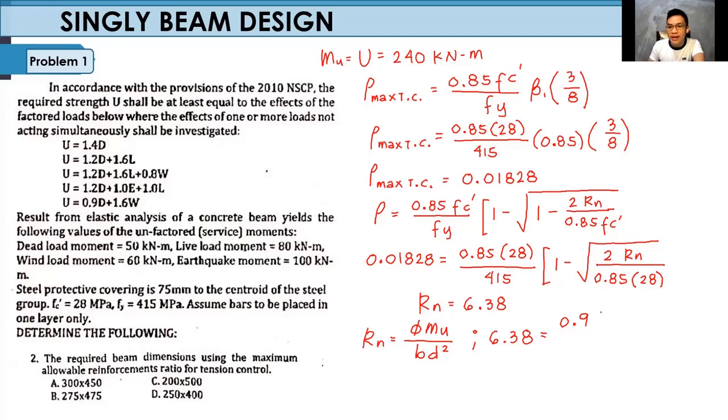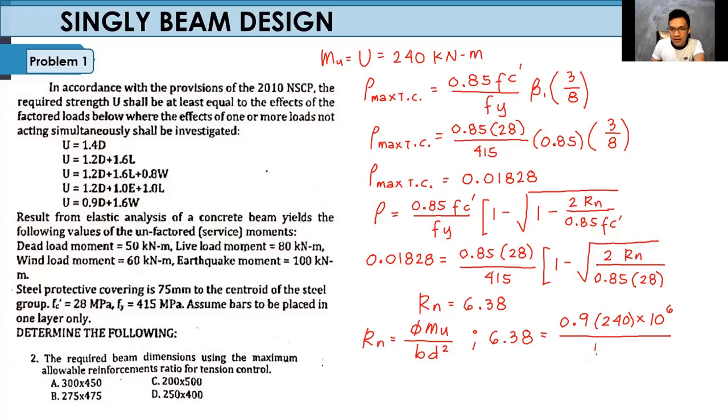Kilonewton meter yan, so we need to convert that into Newton millimeter, di ba? Para ma-cancel out na sa baba, which is millimeter squared. So therefore, multiply natin 240 ng 10 to the power of 6. Ayan. Kasi yung kilonewton, gagawin natin Newton, and meter natin, gagawin natin millimeter. Okay? So divided by BD squared.